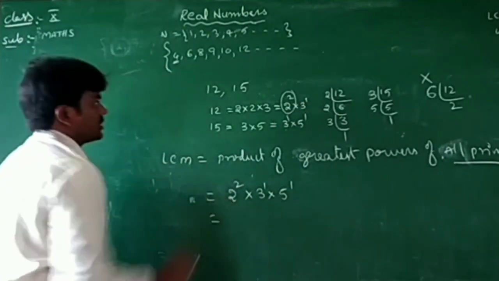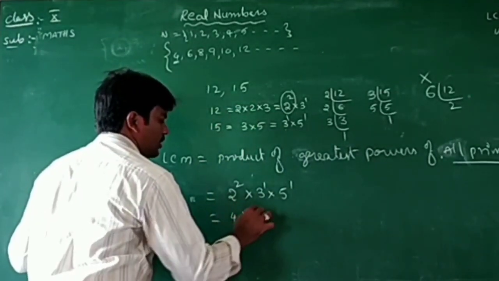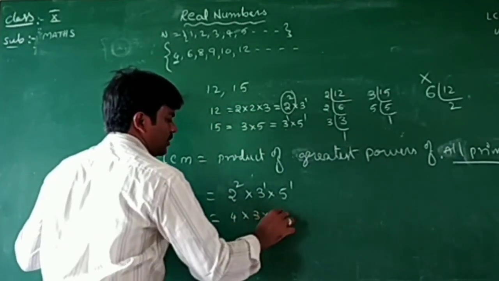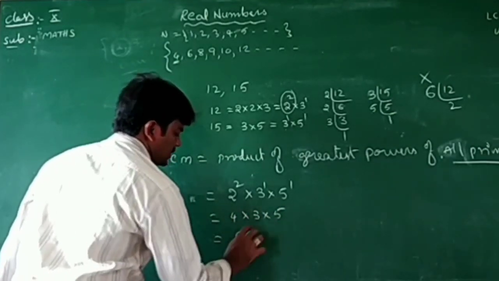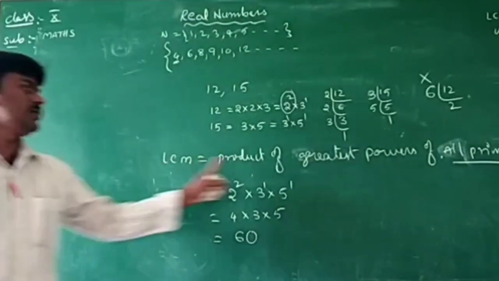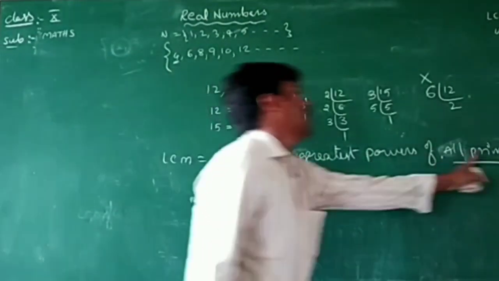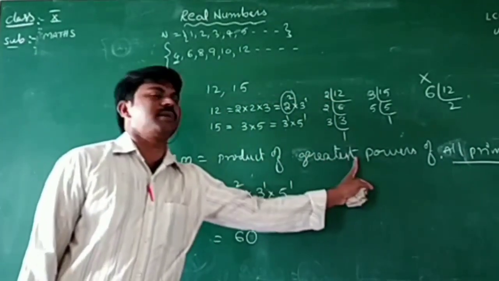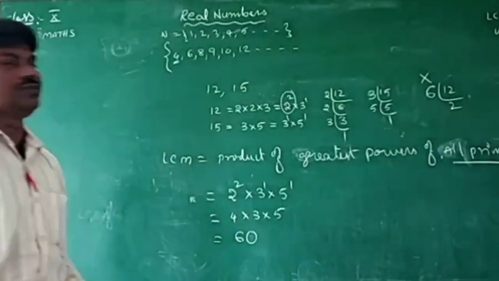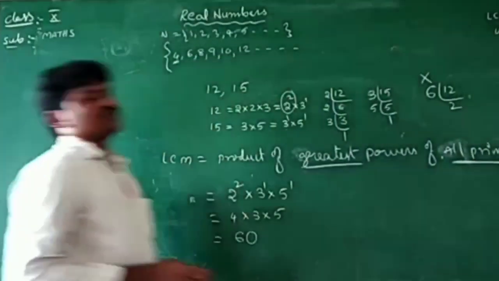The LCM of 12 and 15 is 2 square, which is 4, times 3 power 1, which is 3, times 5 power 1, which is 5. 3 4s are 12, 12 5s are 60. So the LCM of any two numbers is the product of the greatest powers of all primes. Keep in mind: greatest powers, and all primes.